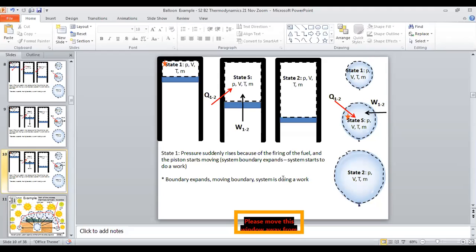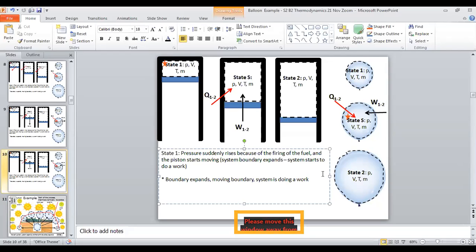In this case, M1 is M2 because it's a closed system.